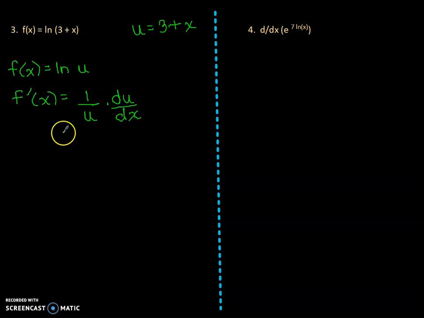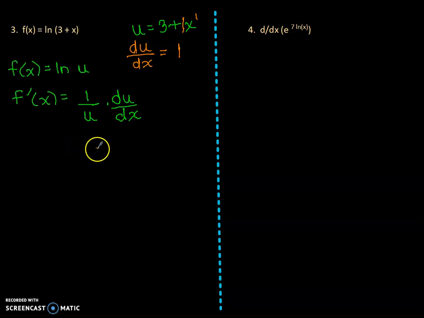So I have the derivative, I just need to replace everything back in. I have u, which is 3 plus x. I need to find out what the derivative of u is with respect to x, and you're just taking the derivative of each term. The derivative of any constant is just 0, so that's gone. And then the derivative of x is 1, because remember, if we put the exponent and the coefficient in, we can use the power rule.